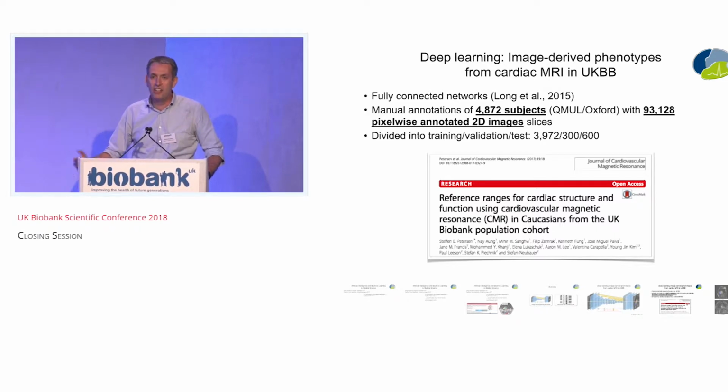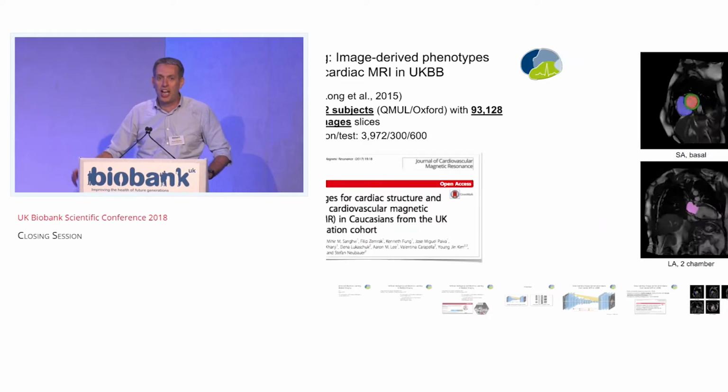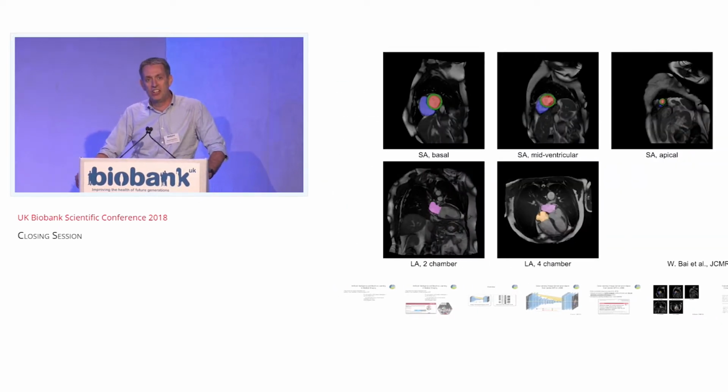That is a very large amount of training data. We took this training data and tried to see whether we can tell the machine how to analyze the remaining images in UK Biobank, so that we can upscale the analysis to the whole 100,000 eventually.